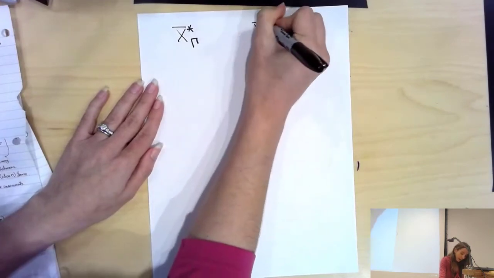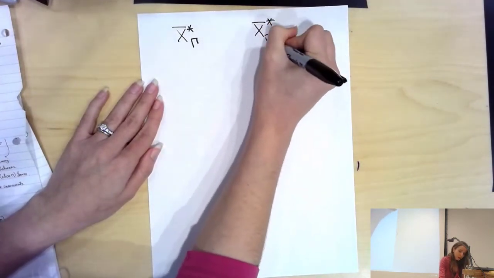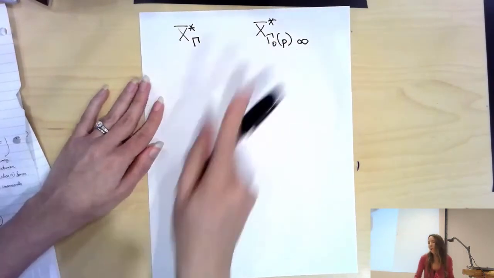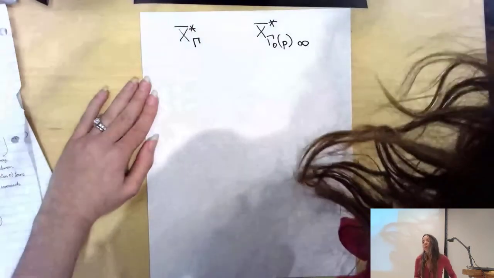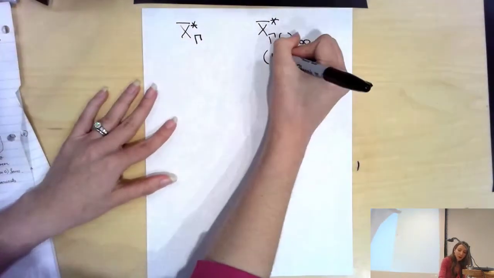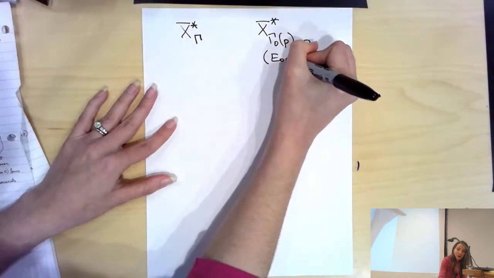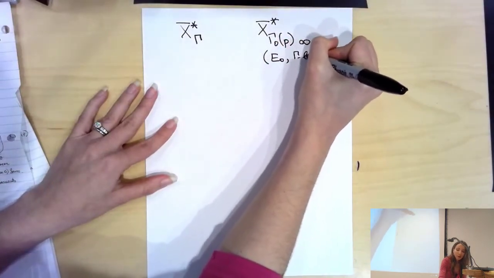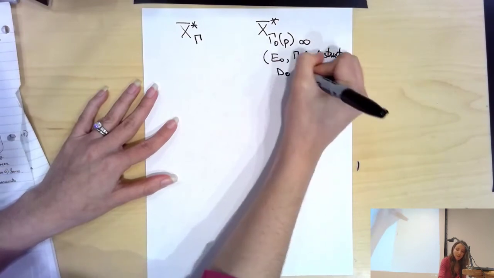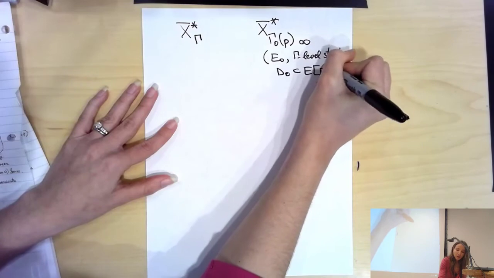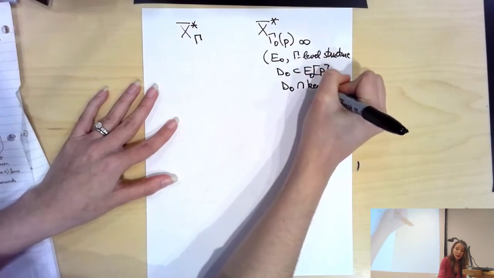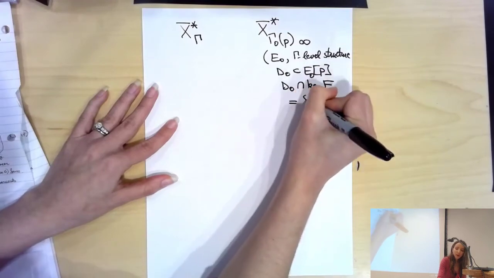with X star gamma naught P, I'm going to label this by the cusp. So I'm looking at level gamma naught P, and I'm taking the irreducible component corresponding to the cusp infinity. It turns out that this parameterizes an elliptic curve together with a gamma level structure and a subgroup scheme in the P torsion, D naught, such that D naught intersect the kernel of the Frobenius isogeny is 0.